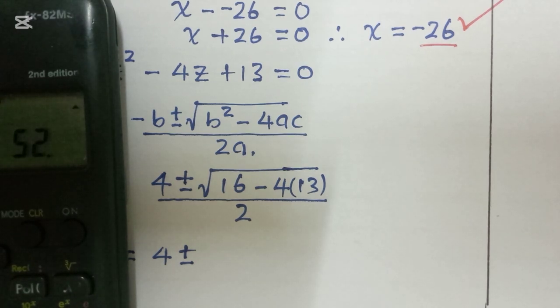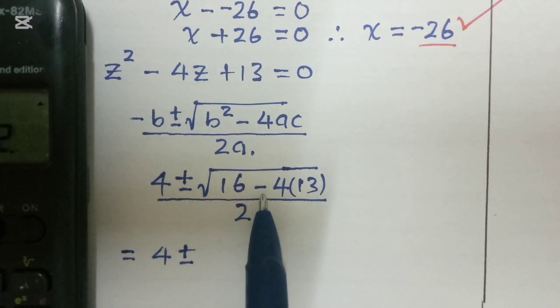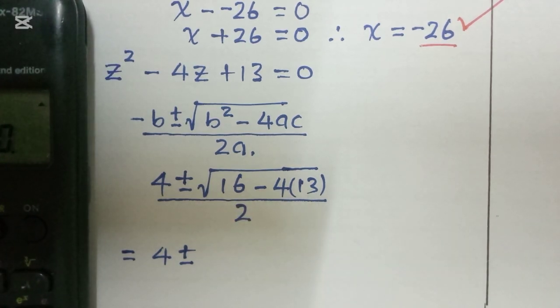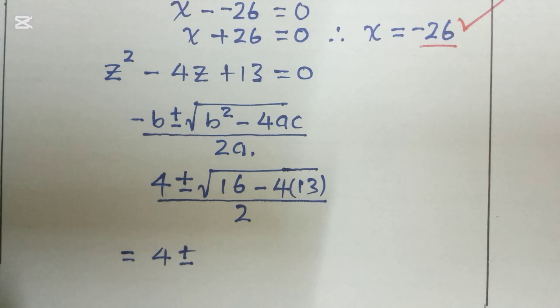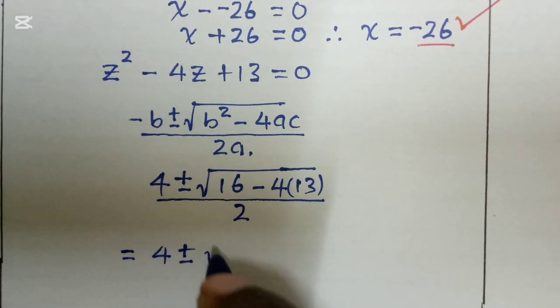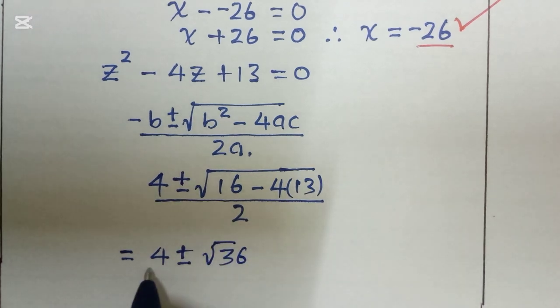So guys, we are going to have 16 minus 52. That is 16 minus 52. And that gives us negative 36. This is square root of negative 36, all over 2.